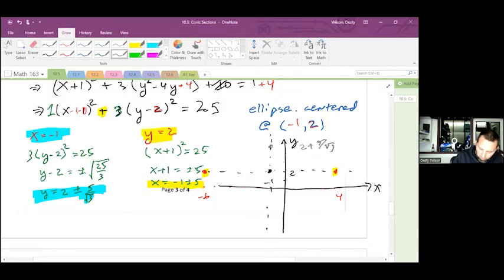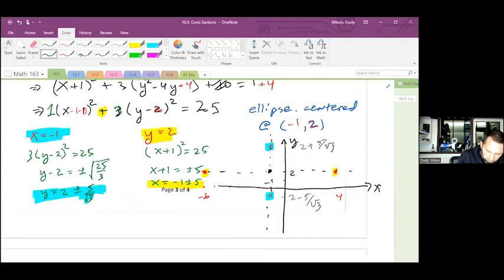And then we would start at the 2 and we would go down 1, 2. So here would be 2 minus 5 over root 3. Those would be my other vertices. And now we should be able to connect the dots to make the ellipse.